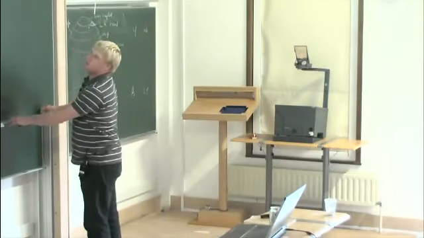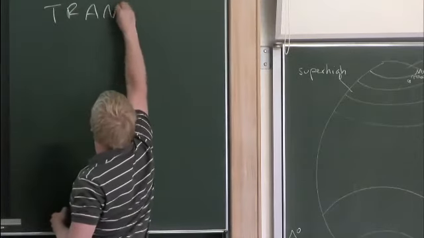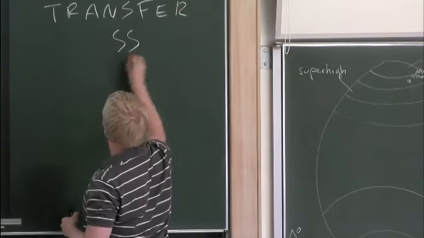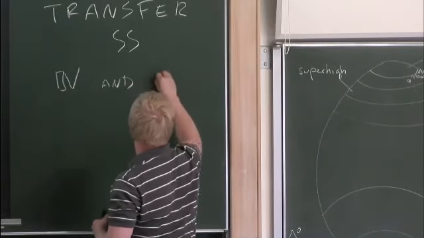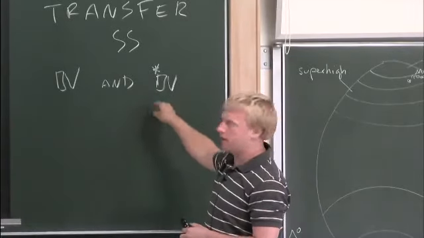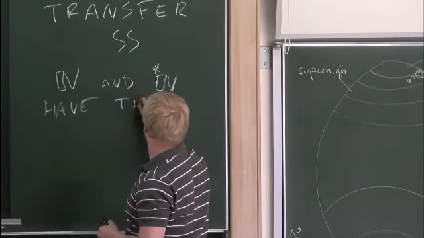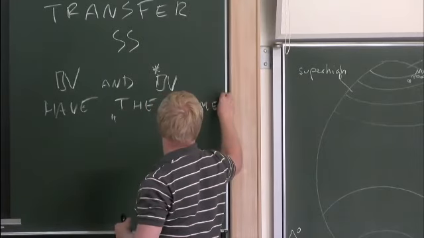and transfer is one of the core things in non-standard analysis. It essentially says that the natural numbers and a non-standard extension of the natural numbers have the same properties.